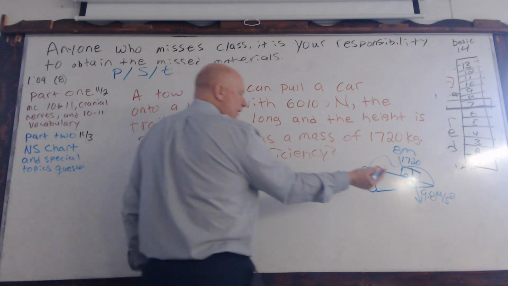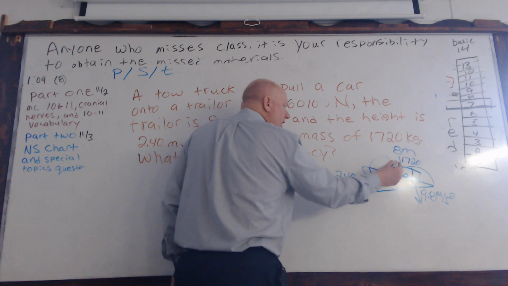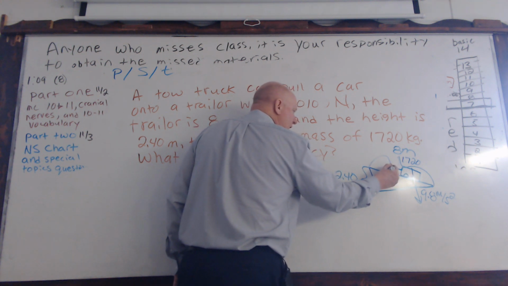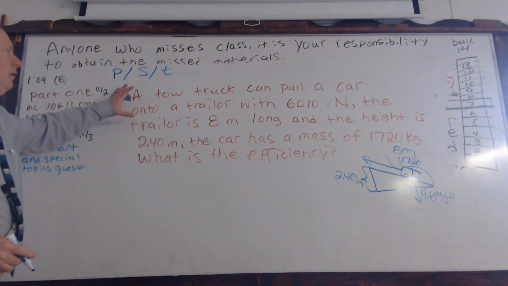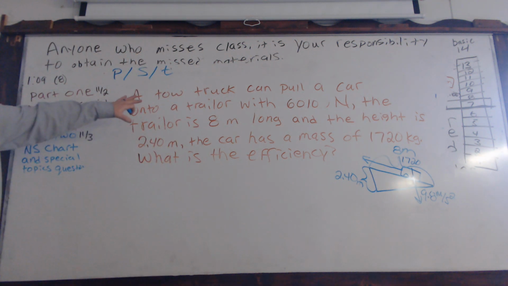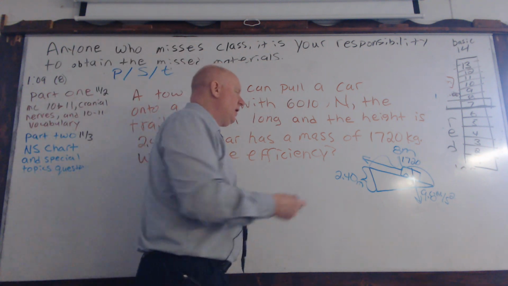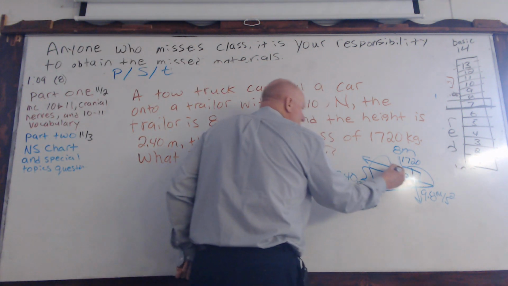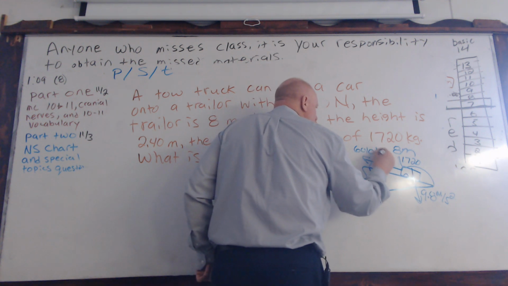Then this winch or machine that's attached up to here is pulling on that vehicle. A tow truck can pull a car onto its trailer or flatbed with 6,010 newtons. So if this is pulling on this vehicle, 6,010 newtons.